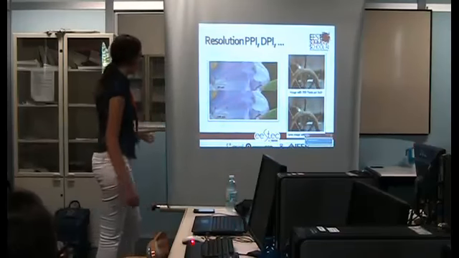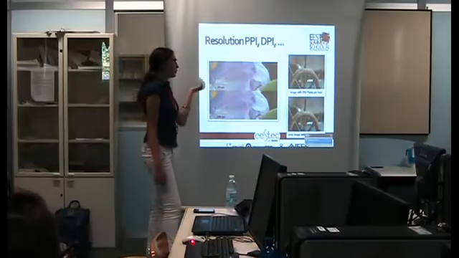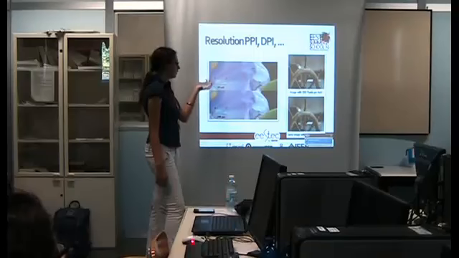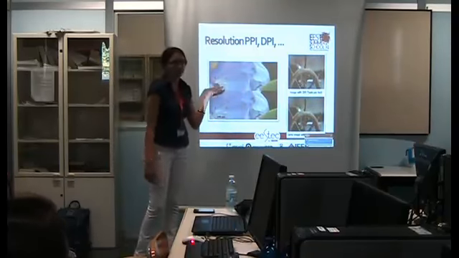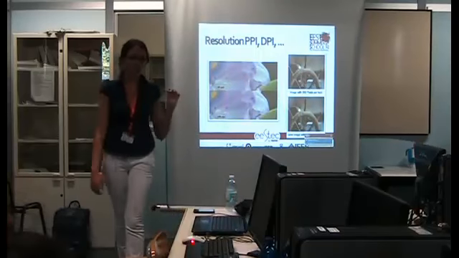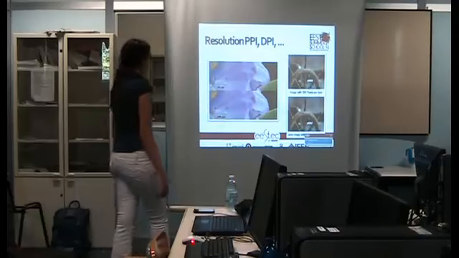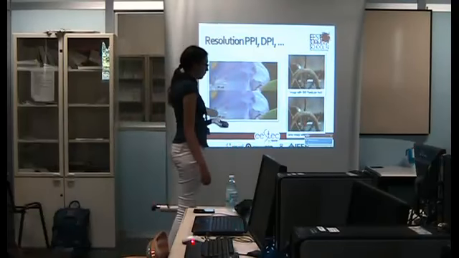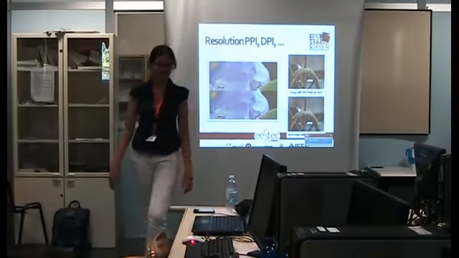In the lower picture we have 240 ppi, and you can really see the difference in the quality of the pictures. In the upper picture you can count the 60 pixels, you can see each pixel. In the lower picture you cannot.